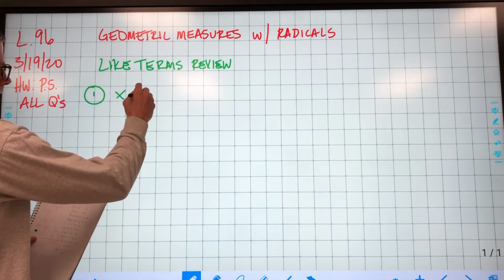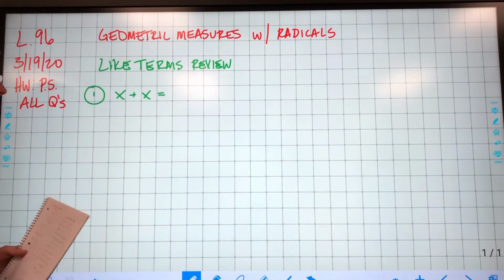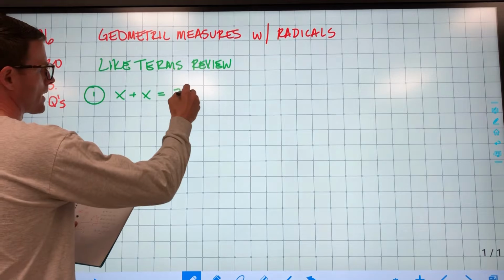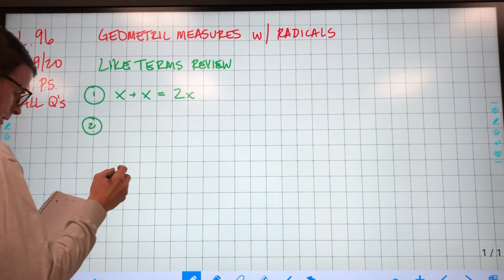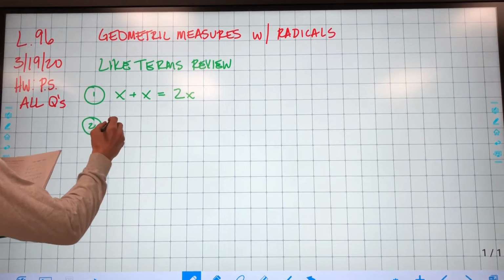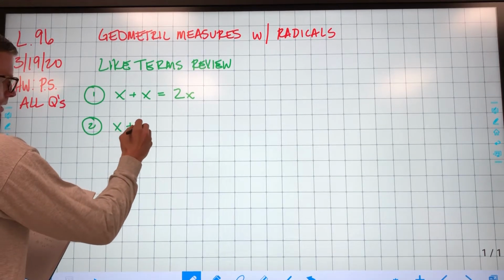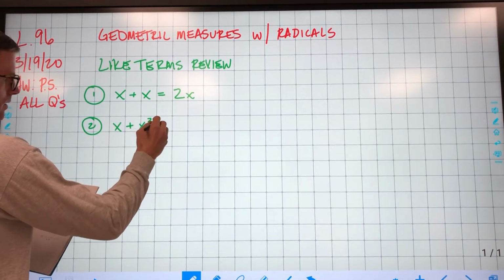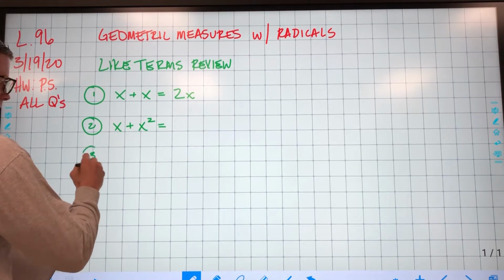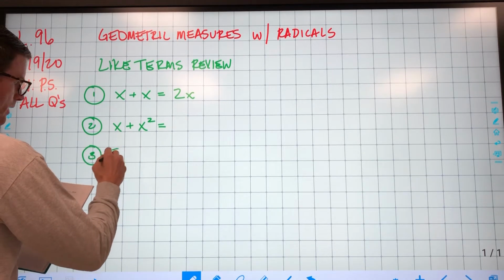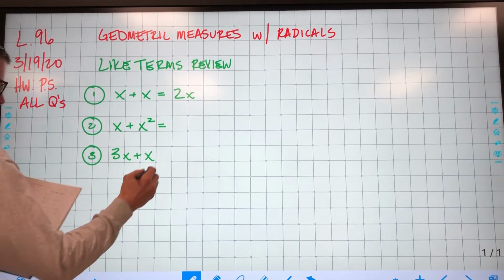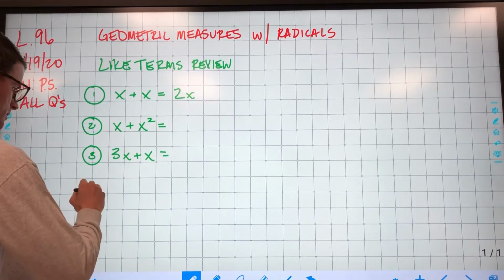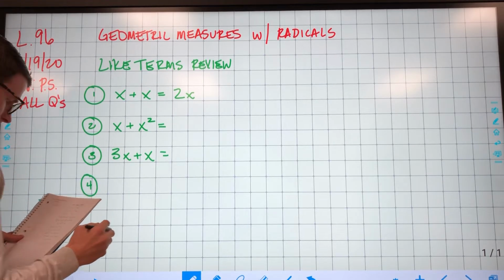So x plus x equals 2x. I'll just write them all up here, and you guys fill in the answers. That's how I've done it when we were in class. So I'll let you answer these as I go. I'll give you the answers at the end.